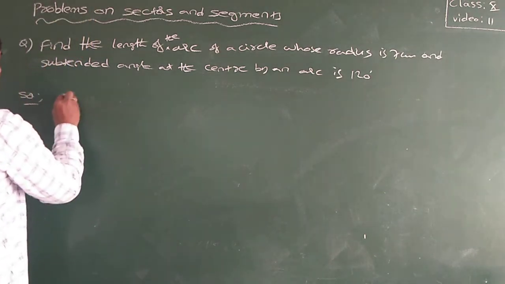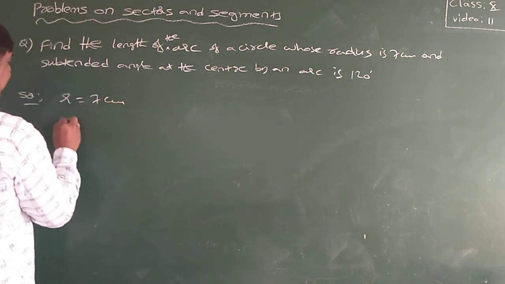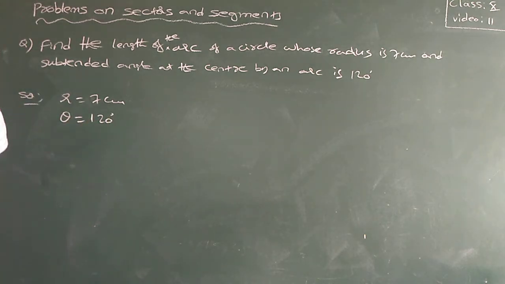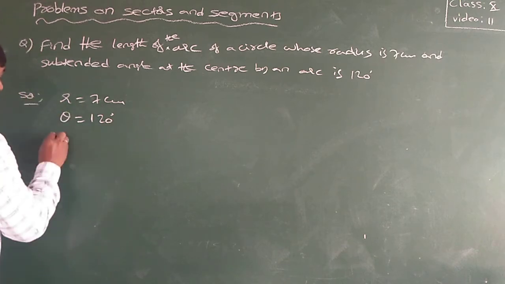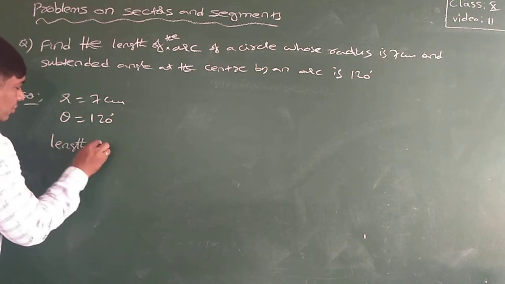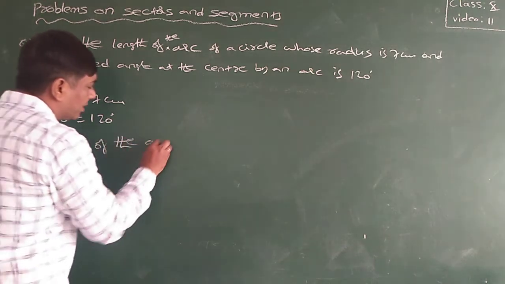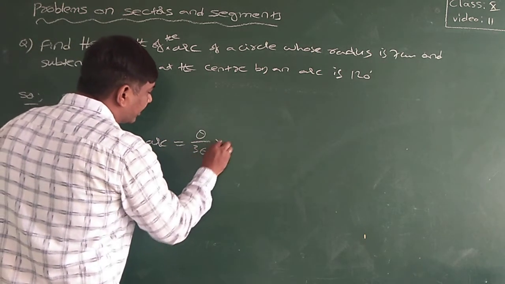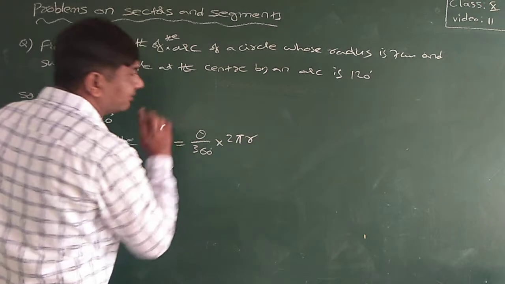Radius is equal to 7 centimeter and theta is equal to 120 degrees. The length of the arc we have to find out. Length of the arc is equal to theta by 360 degrees into 2 pi r. This is the standard formula.